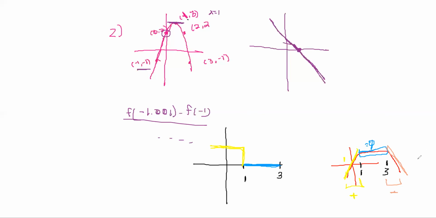And then this slope is going to be -1. The slope of this line all the way down, because I drew these to be linear, would be -1. Okay.